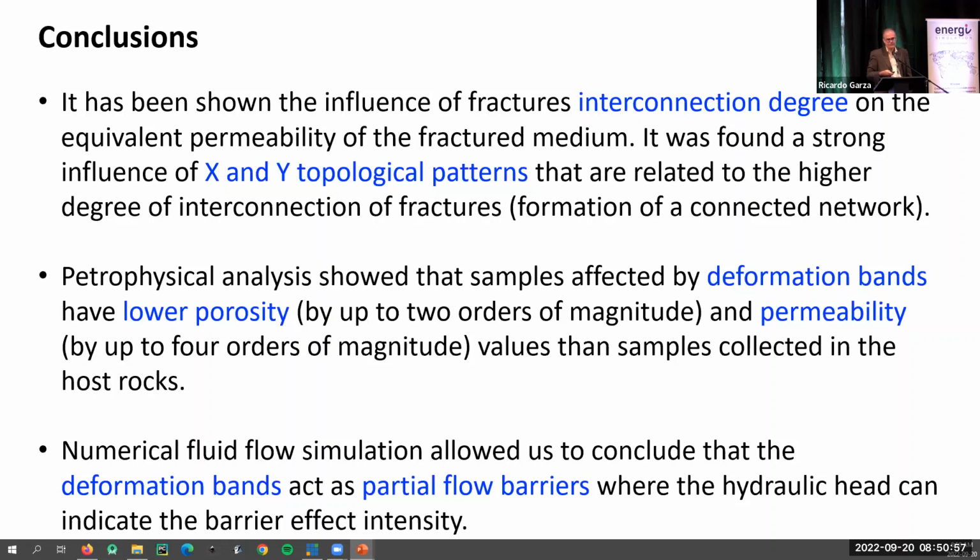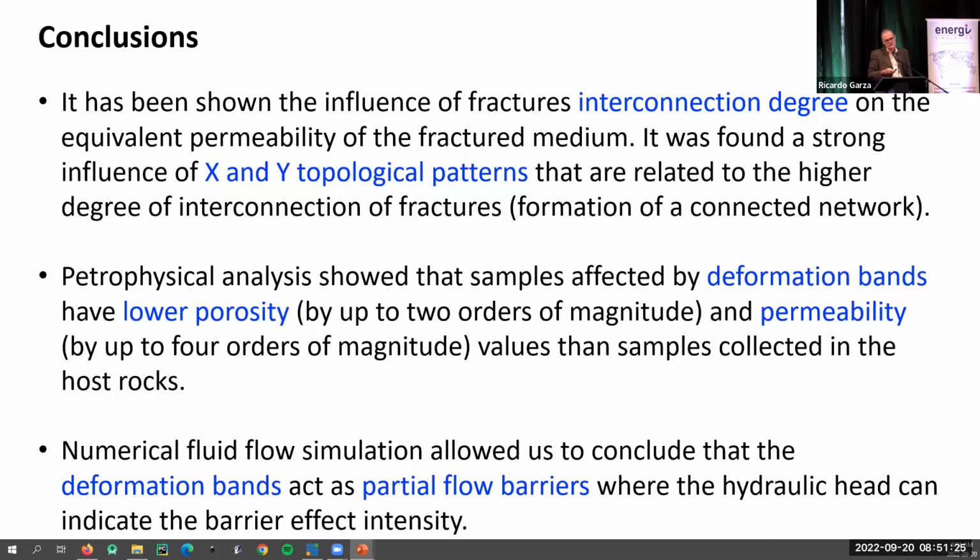And the same for deformation bands. Petrophysical analysis showed that samples affected by deformation bands have lower porosity and permeability. Numerical fluid flow simulation allowed us to conclude that deformation bands act as flow barriers, where the hydraulic head can indicate the barrier effect intensity.